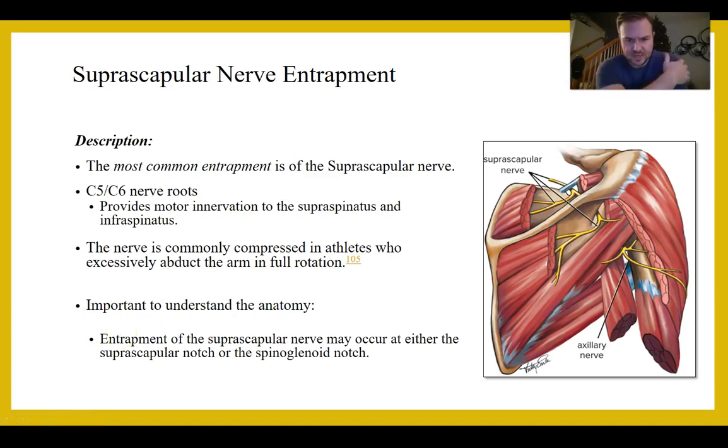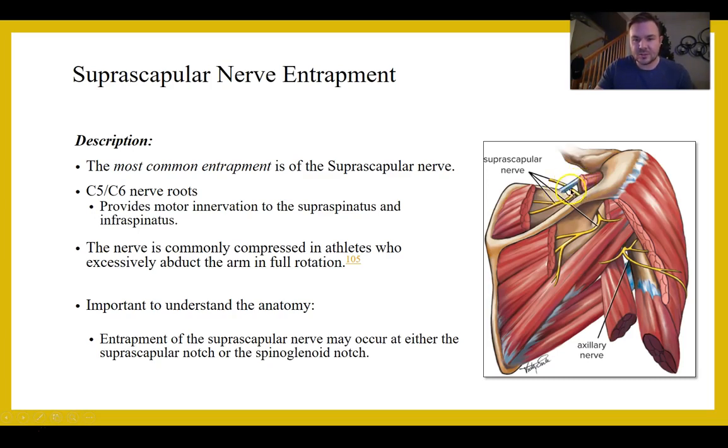So entrapment of the suprascapular nerve may occur at one of two places, the suprascapular notch or the spinoglenoid notch. And those two areas are listed here. You have this transverse ligament that goes across the suprascapular notch.